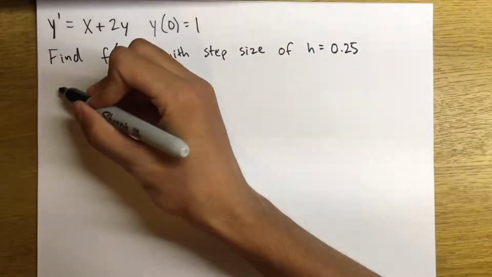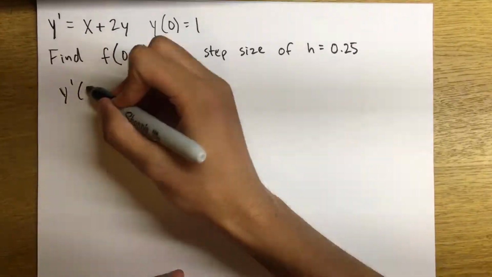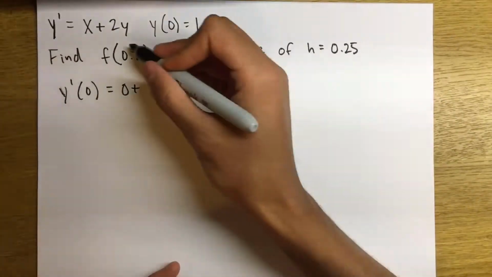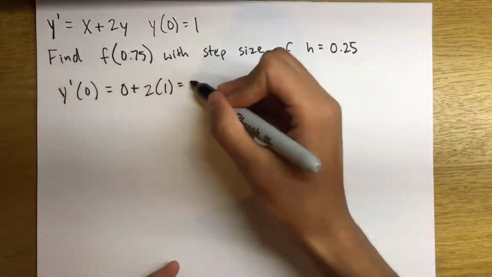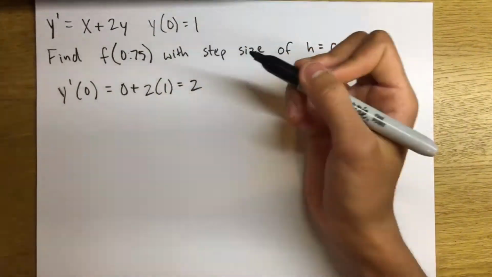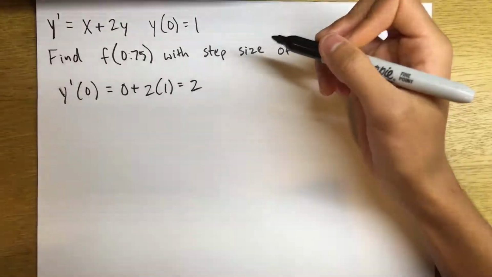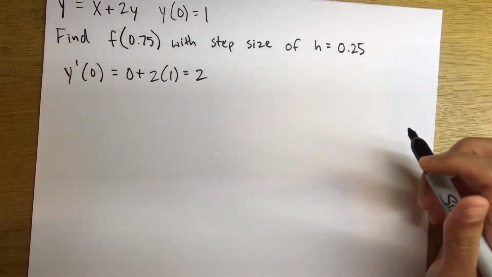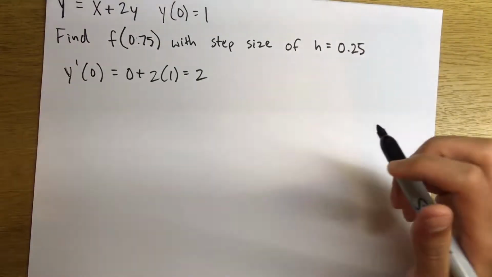First, let's plug in the initial condition into the differential function. Then, since we know the derivative, we can create a tangent line by using point-slope form.